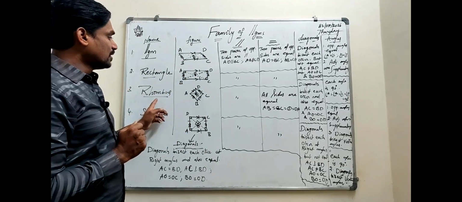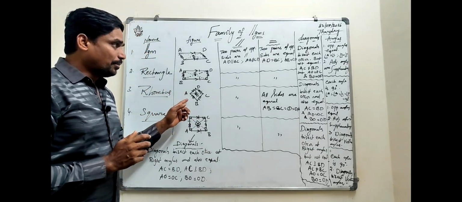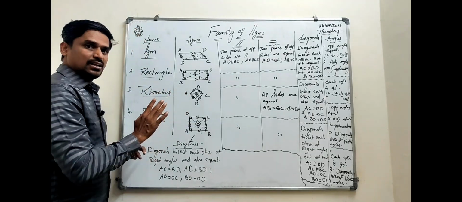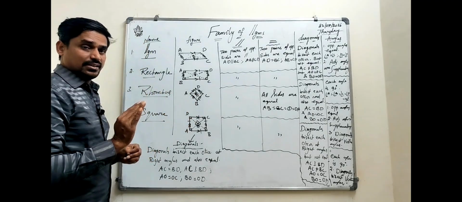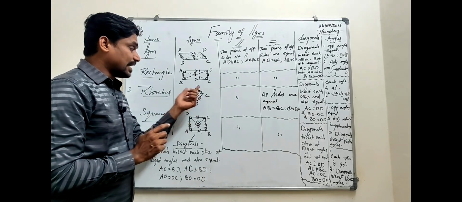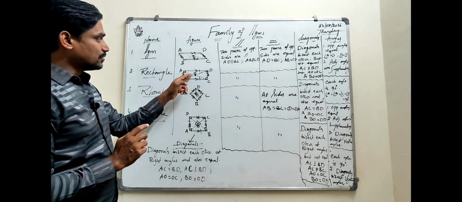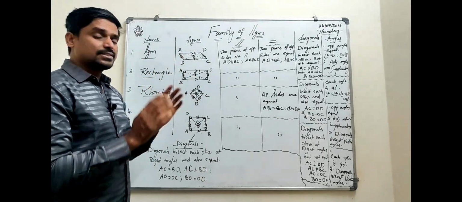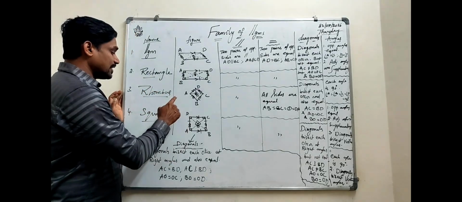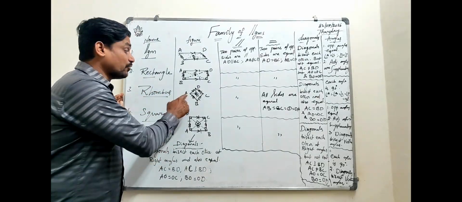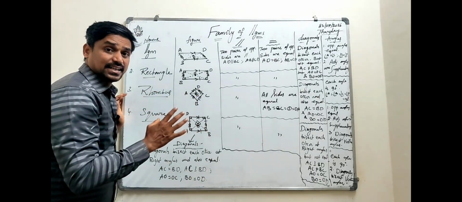Next, rhombus. In rhombus, opposite angles are equal and adjacent angles are supplementary, and the diagonals bisect vertex angles. Whereas in parallelogram and rectangle, diagonals do not bisect vertex angles. But in rhombus and square, diagonals bisect the vertex angles, so diagonals act as angular bisectors.